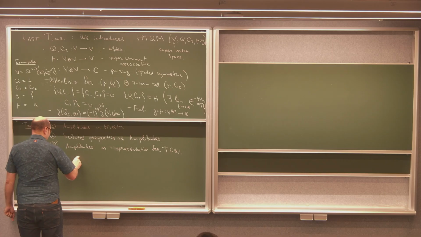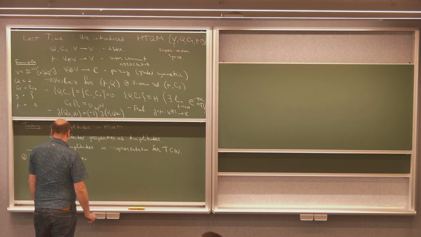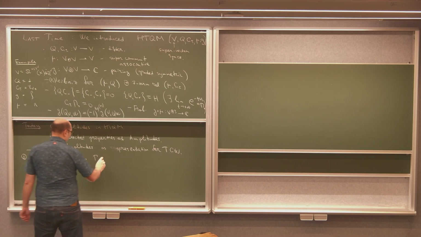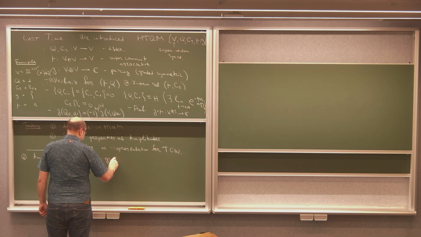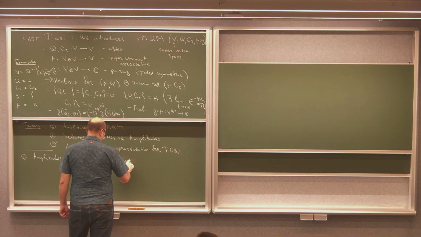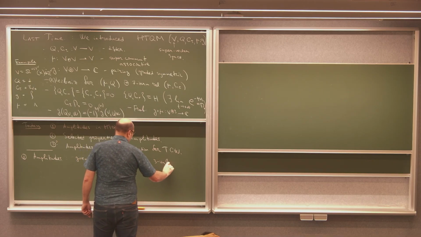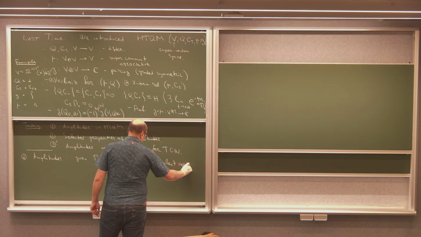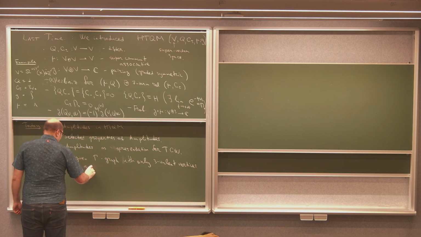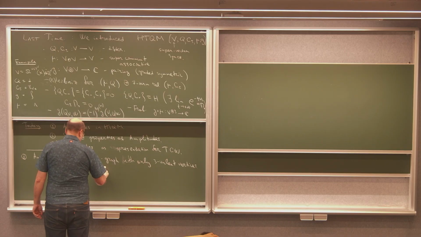Given a graph gamma, and in our case a graph with only 3-valent vertices, and a specially marked vertex.